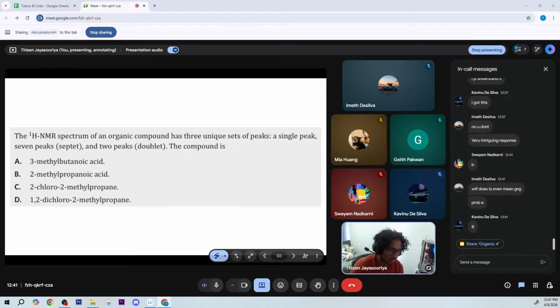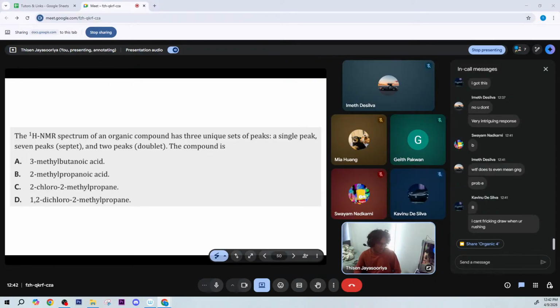Try and draw out these compounds if you're struggling to do them. I freaking draw when you're rushing. Nah, bro, you got 2 seconds in your exam. You got to answer each question in 2 seconds. Come on. Pick up the pace.